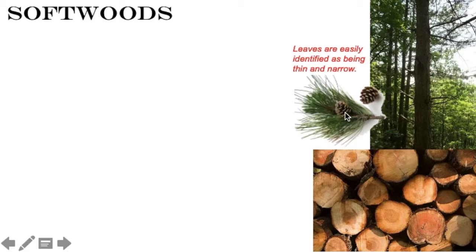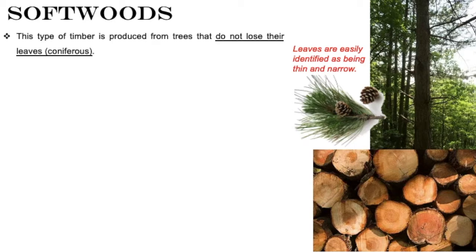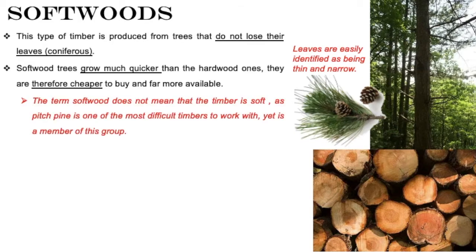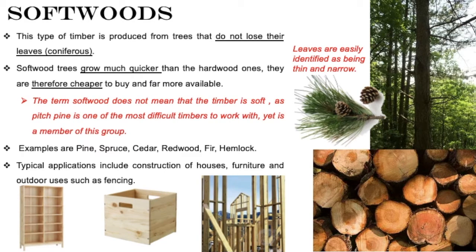And these are the type of trees which do not lose their leaves in winter. Hence, sometimes they are called evergreen trees. So they are coniferous trees. And again, with these ones, there are some examples and applications that you can also go through as you're going through the slides.